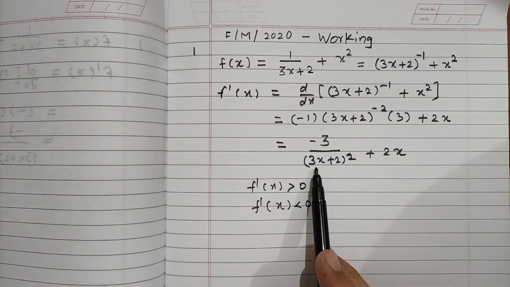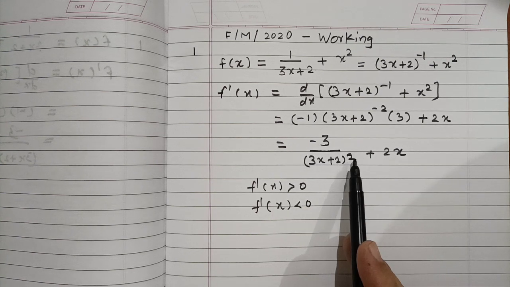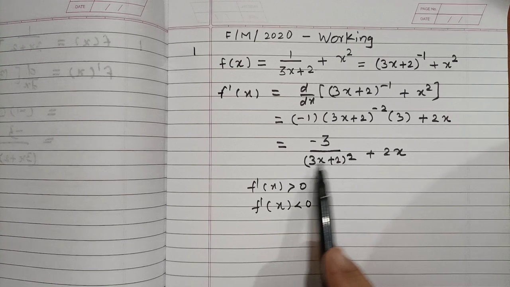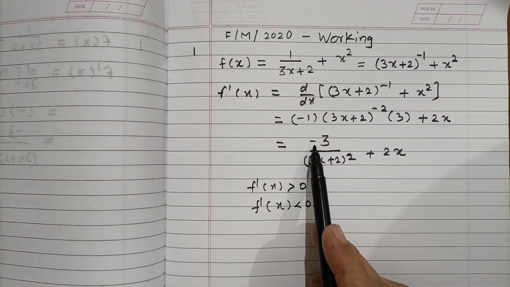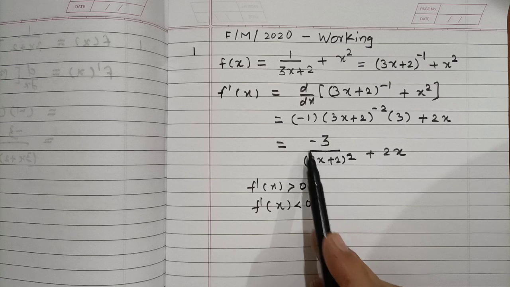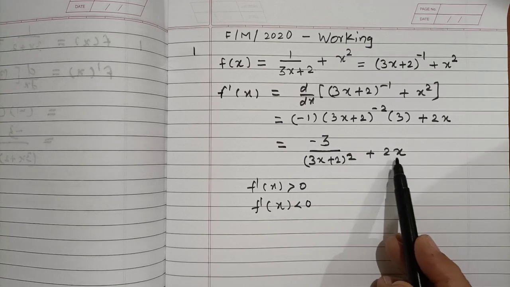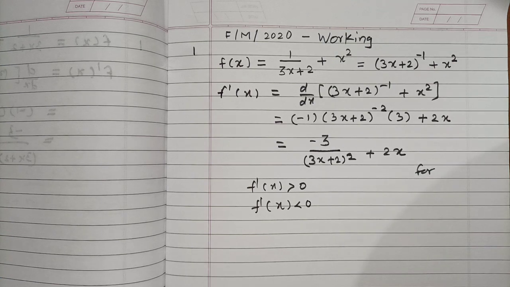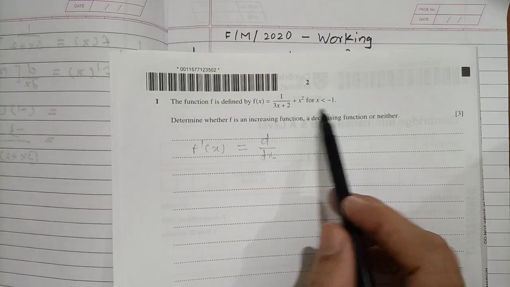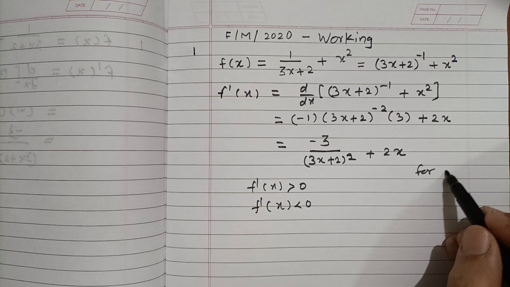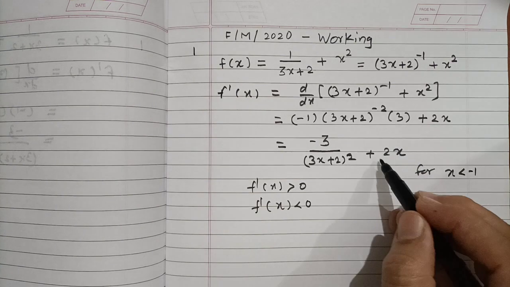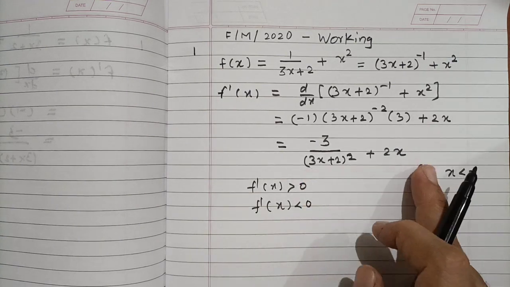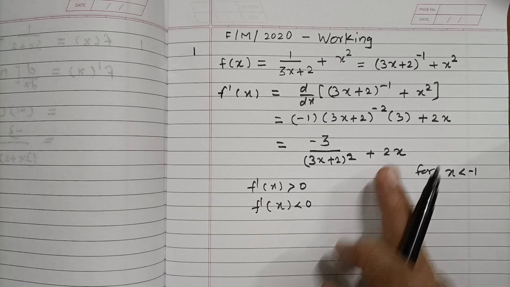Now in this case we see that 3x plus 2 the whole square is a positive number, and this is minus 3, so this part is negative. As for x, it is given in the problem that x is less than minus 1. So for x less than minus 1, this part is also negative, so negative plus negative, everything is negative.